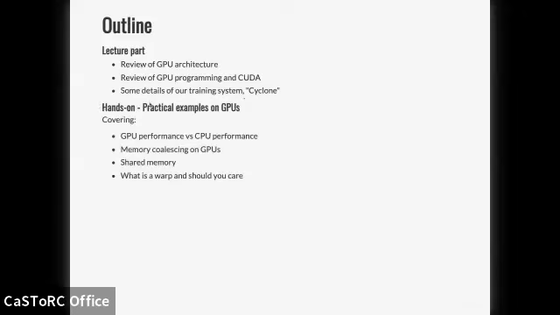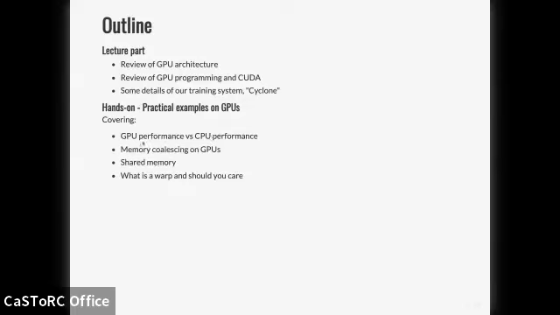And this is what I would like to cover in the practical examples. By the time you leave here, you should get some practical experience on the difference between how the GPU works and the performance you can get, and compare it to CPU performance.